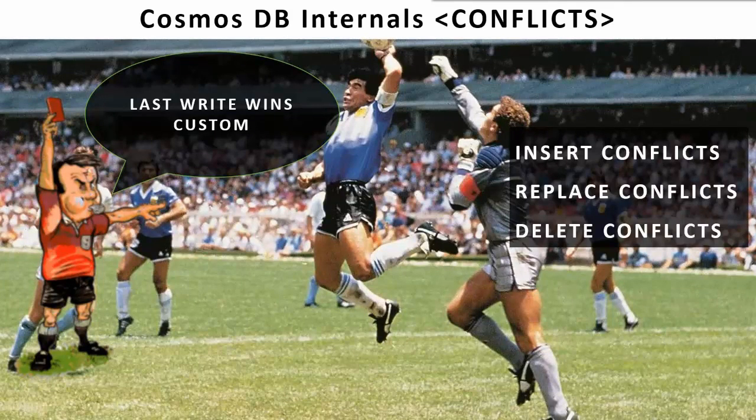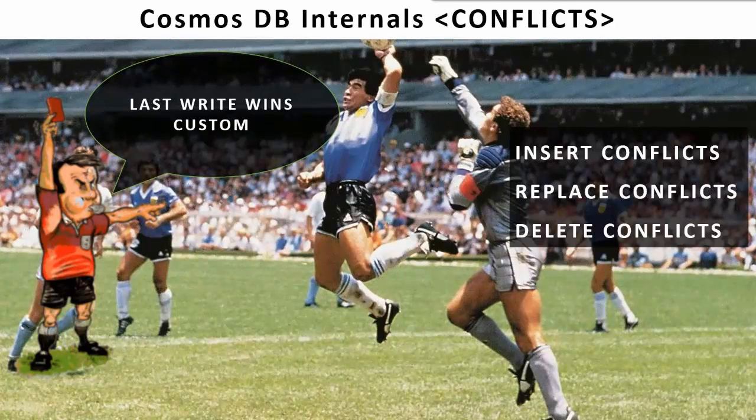So if that's the case, you need to pick the custom option. When you pick the custom option, you need to create a stored procedure, and you can put all the logic which is going to merge this data. You can make it as complex as you like in that stored procedure. And you need to register it as a merge stored procedure.